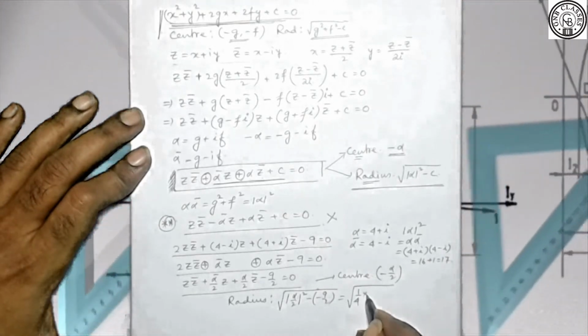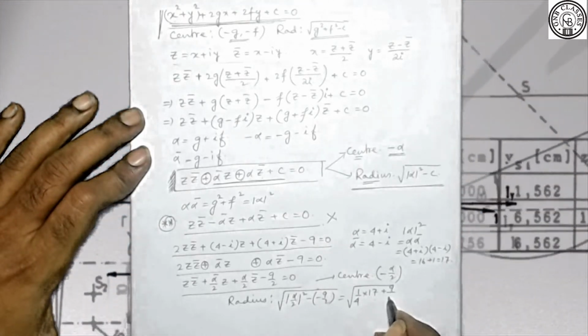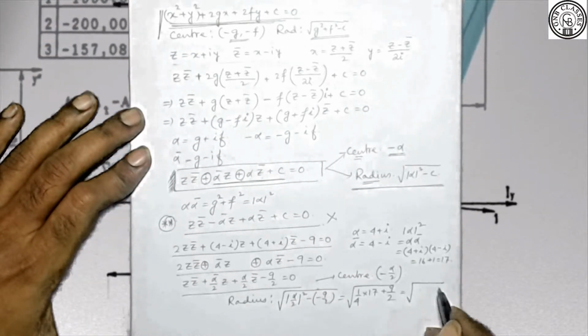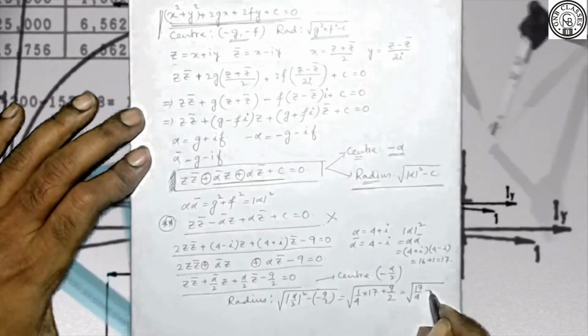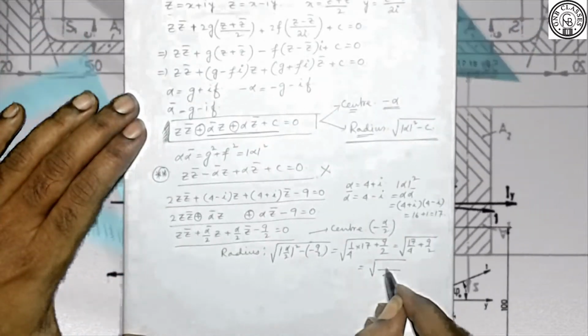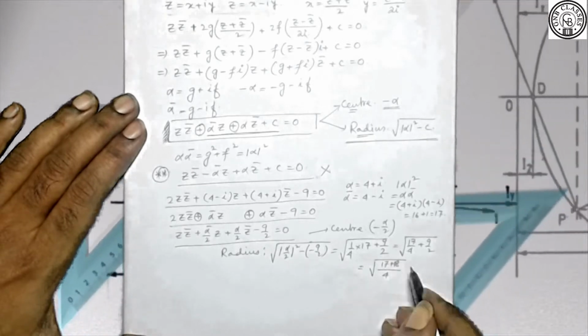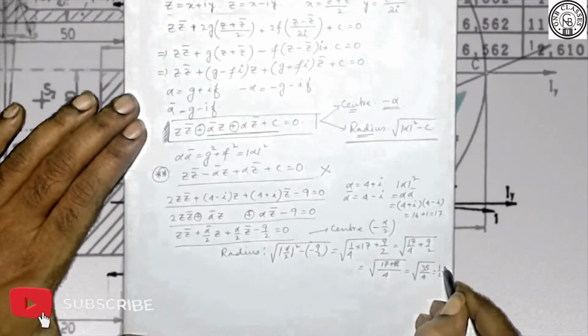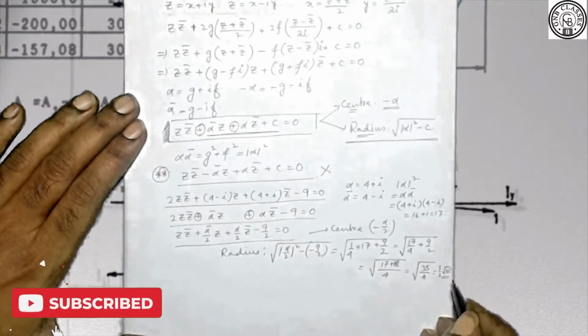So in this case it will be 17 plus 9 by 2, okay? So a little calculation, it is 17 by 4 plus 9 by 2, that gives us half under root 35. Is it clear or not?